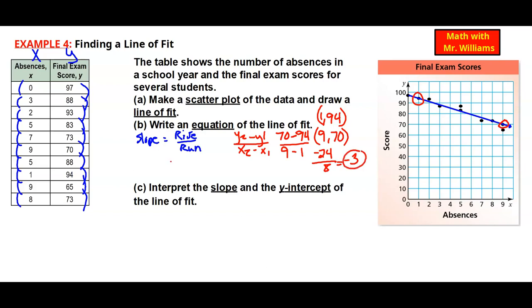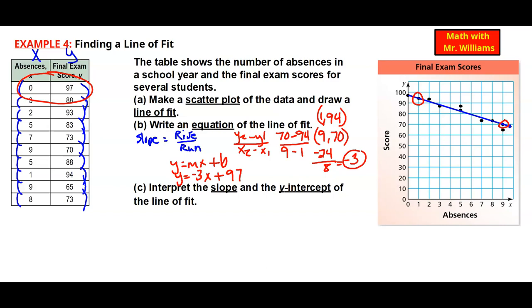So far, my equation would be y equals mx plus b, where the m, the slope, is going to be a negative 3. Then we bring in our x plus, now we've got to find our y-intercept, and we can see that it was back up here in our table, at x equals 0, y is 97, so it'd be plus 97. So my equation would be y equals negative 3x plus 97.